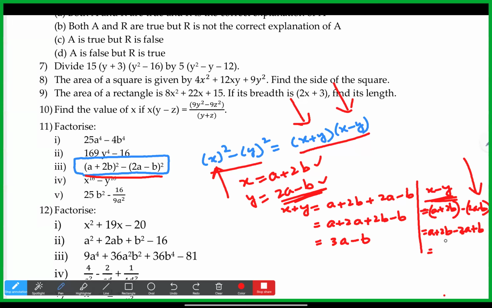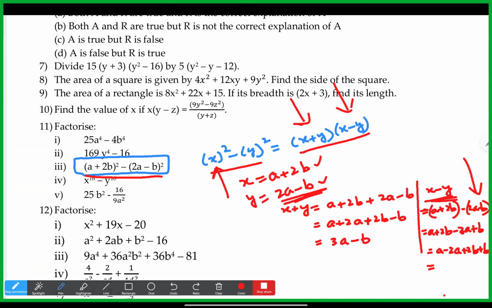So now you can rearrange like terms together: a minus 2a plus 2b plus b. Can you tell me what I should write by observing that step?